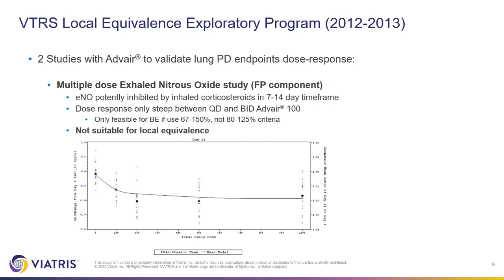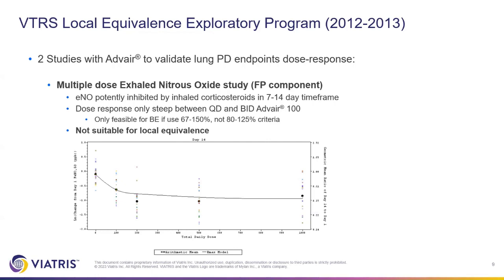So we were left at the middle of 2013 with 2 method studies, both well executed, both of which gave information which suggested these methods were not useful in terms of showing local bioequivalence of the salmeterol and fluticasone components within Advair Diskus, let alone the generic that we were developing.